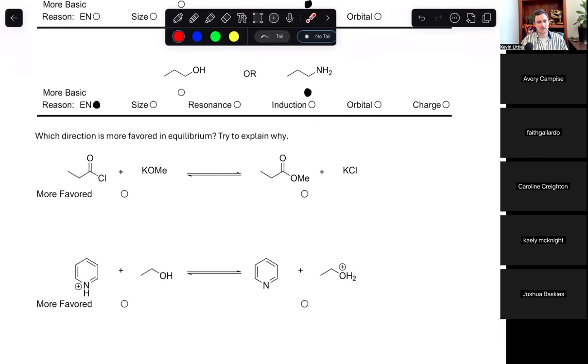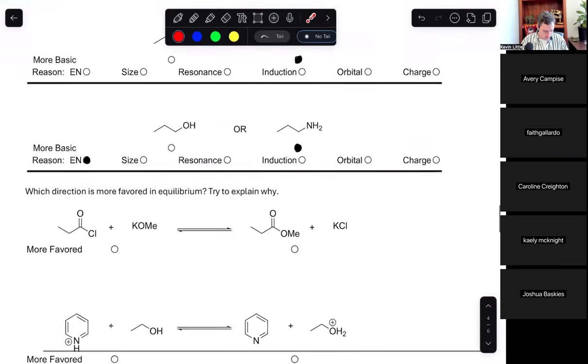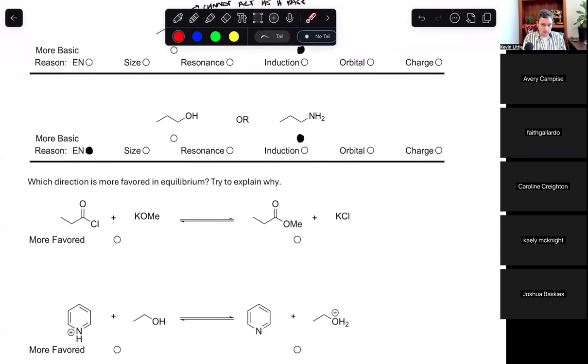All right, which direction is more favored in equilibrium? With these questions, I always look to charge. What's the more stable charge, right?